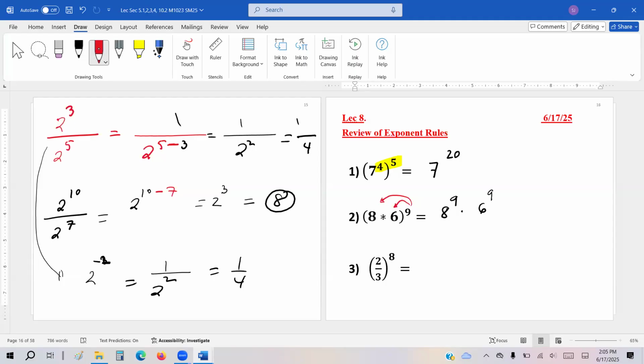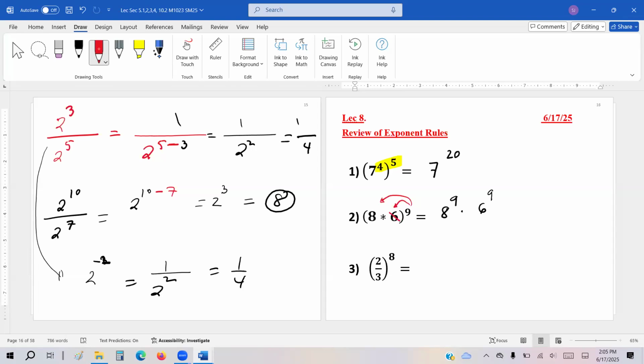I'm saying, it was parentheses 8 times 6, with the power 9 outside. We could do the multiplication first, but the purpose behind these questions is to apply the exponent rules. So that's why instead of multiplying 8 times 6, we're just distributing.